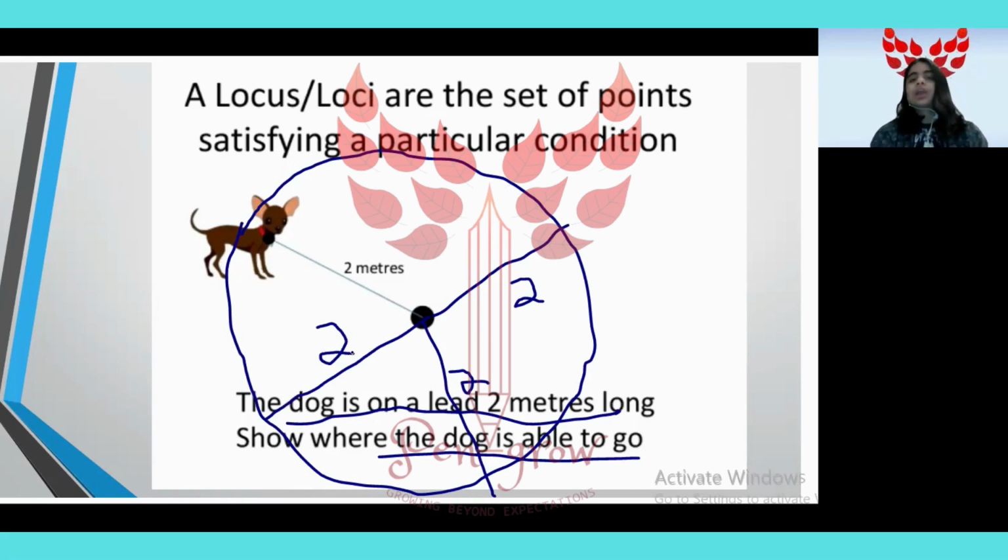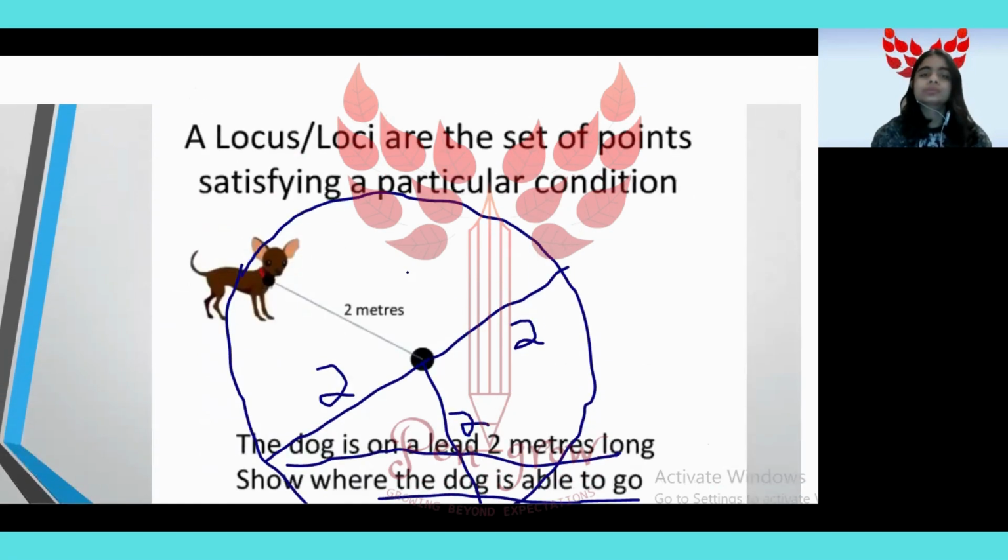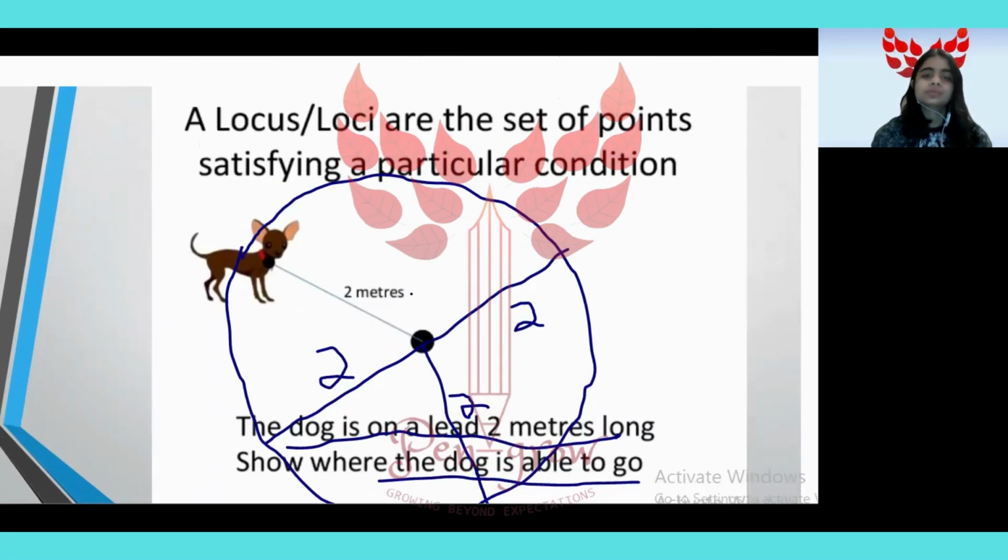Now, this is basically a fixed point. This is your fixed point O. And this whole circle, the blue line, is basically your locus. Anywhere on this circle, the dog can go.